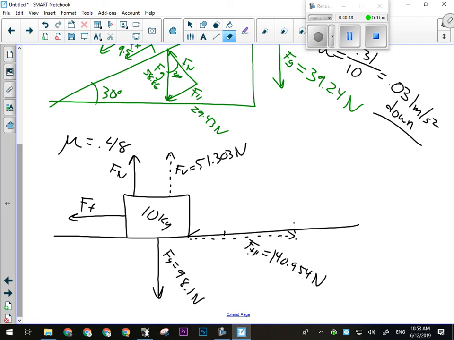So now I've got a box being subjected to vertical forces that will do what? Cancel, and horizontal forces that will likely not cancel. The chances that FF is equal to FH are negligible. All right. So that said, I still don't know what Fn is, and I need Fn to get FF.